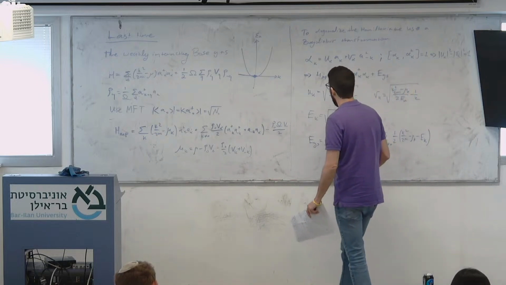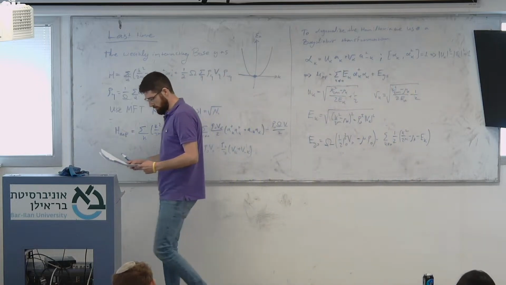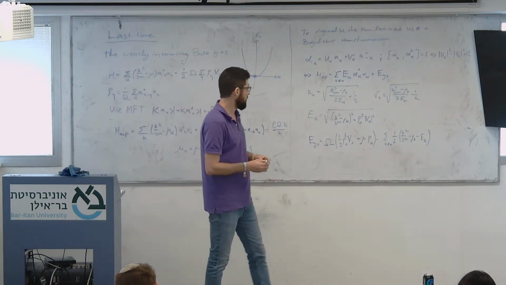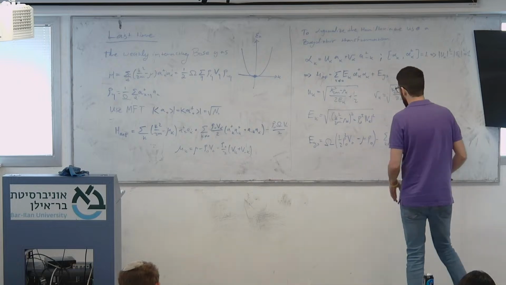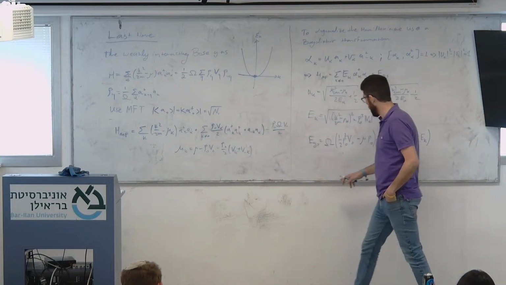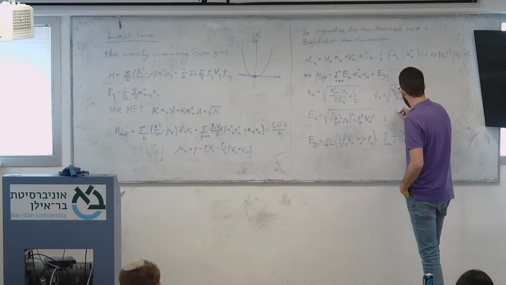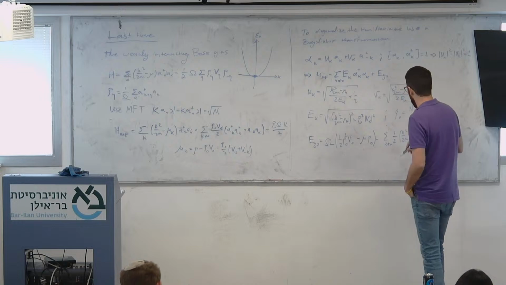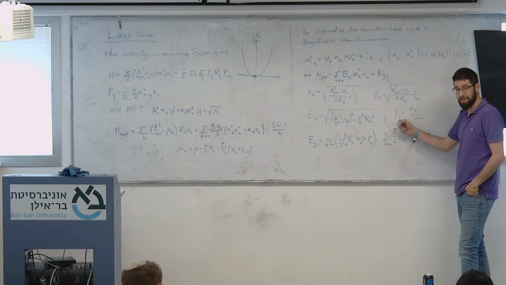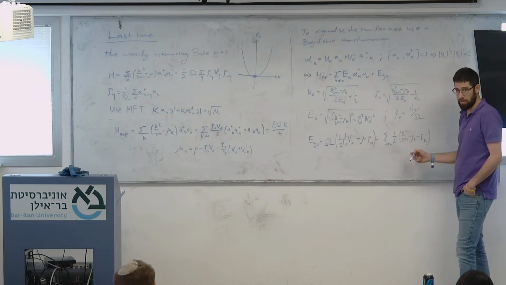Okay? And then what I claimed is that in order to complete the mean field analysis, we want to know what this N naught is. By the way, I forgot to mention that rho naught is just N naught over omega. Omega is the volume, so rho naught is the density of the condensate.